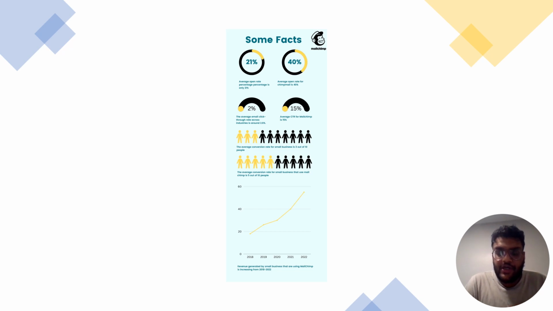On average, the click-through rate is just under 2%, but for Mailchimp users it's more than 15%, which is a really good number again. The conversion rate on average is 3 out of 10 people, which is decent, but Mailchimp users have reported an average conversion rate of 50%, which is 5 out of 10, which is a really good number.